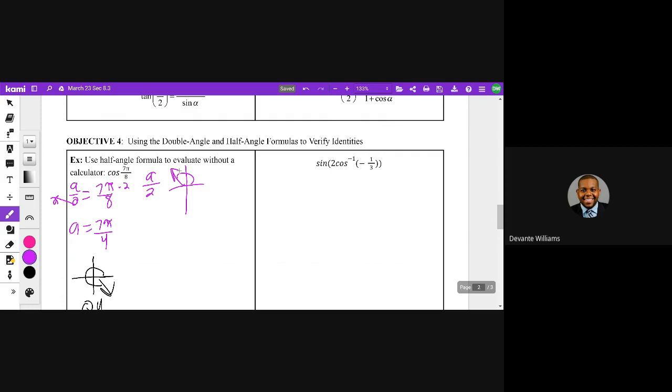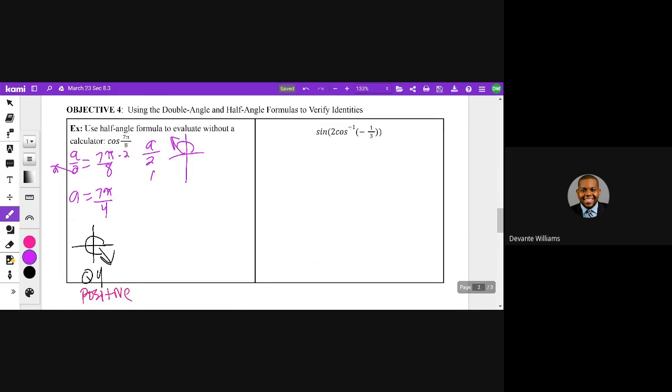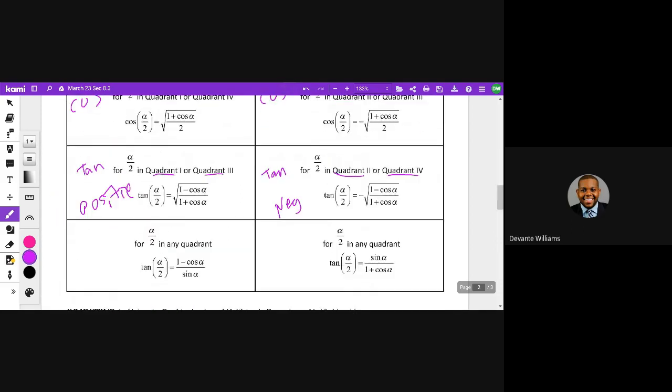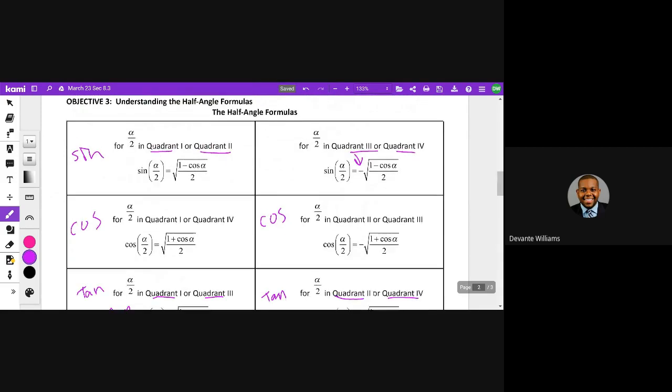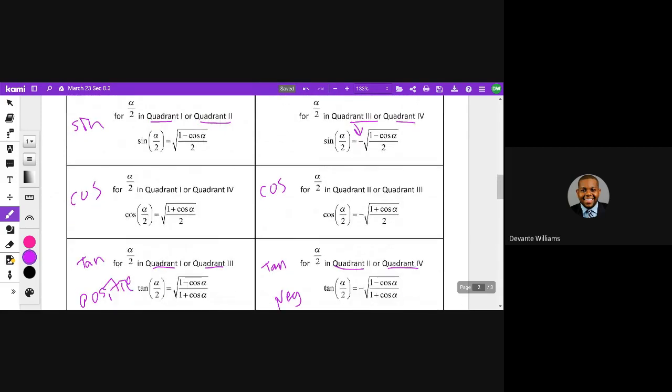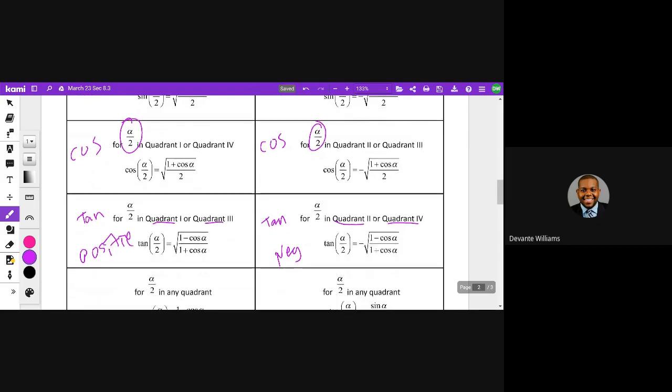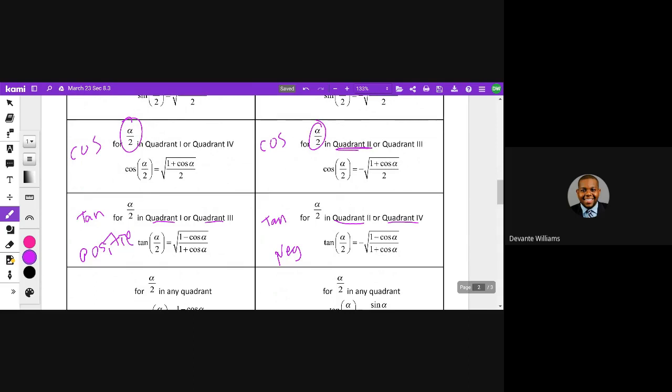And is cosine positive or negative in quadrant 2? Cosine is negative. This is an easy mistake. When you're picking the correct formula, you're looking for the quadrant of that angle, not the quadrant of alpha. So we're looking at quadrant 2, and cosine is negative, so we're going to use a negative formula here.